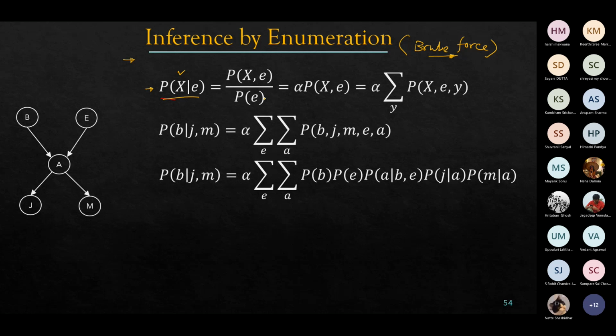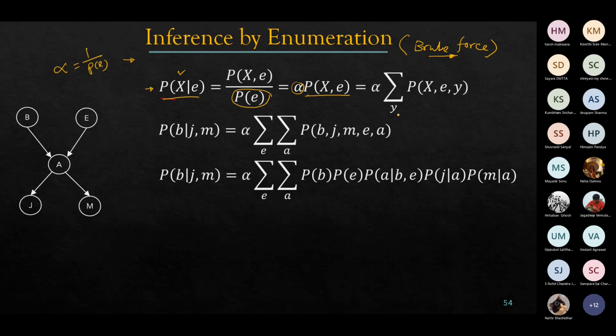Now, we can treat this as a factor which does not depend on anything else. So we can say that alpha is equal to 1 by P(E) and keep that here. This is just for the sake of writing the expression easily, and we are left with probability P(X, E), right?